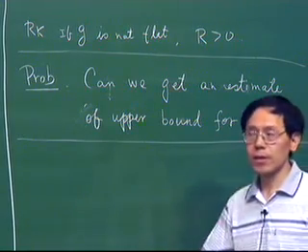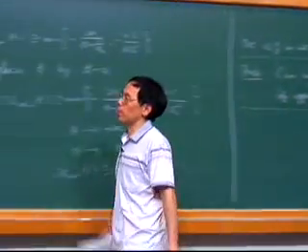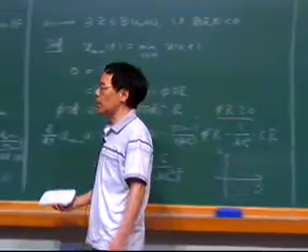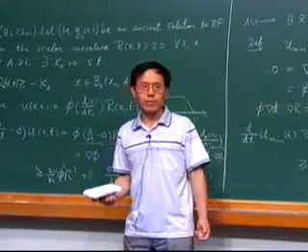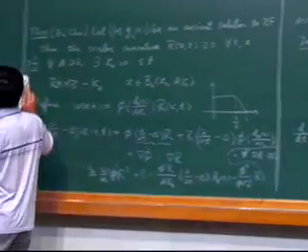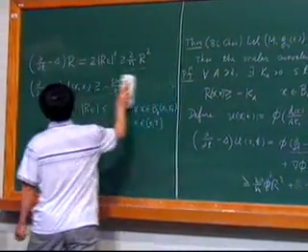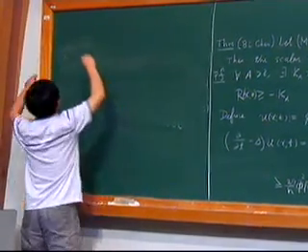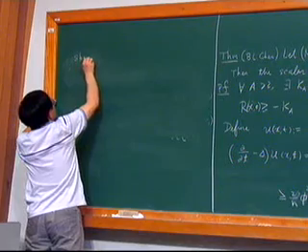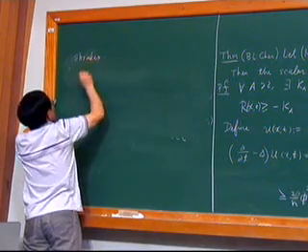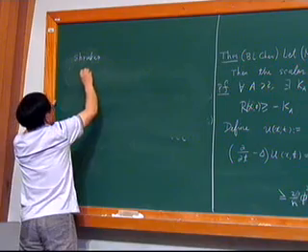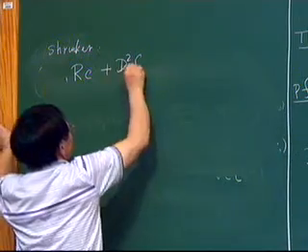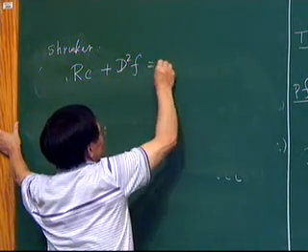That means a gradient shrinking soliton. Sometimes people call that a shrinker. It's simple. Shrinker means a gradient shrinking soliton. So I will write down the basic formula here for a shrinking soliton. Shrinker means you have Ricci plus d squared f equals some positive constant.